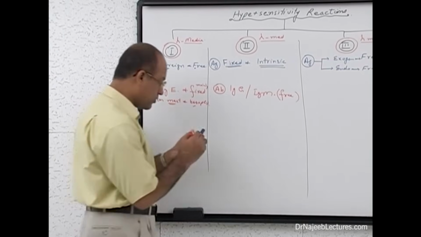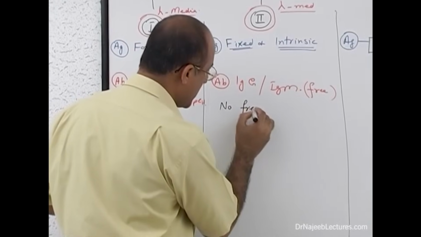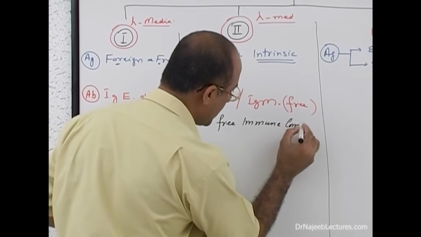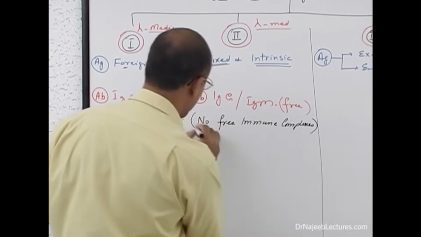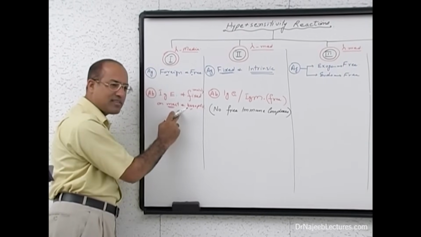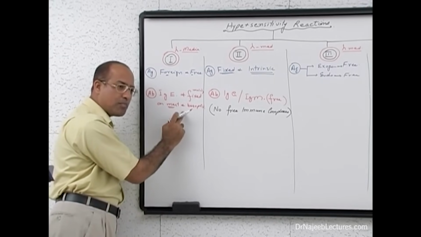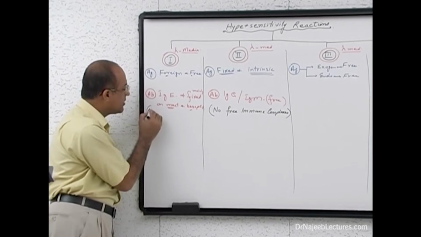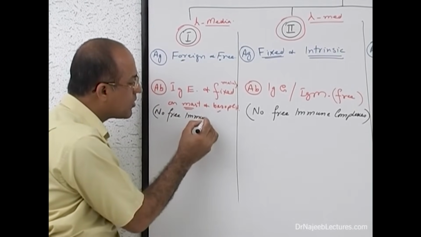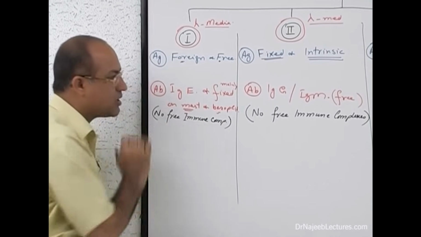So we should write specially: no free immune complexes in type 2. Again in type 1, even though antigen is free, antibody is fixed, so antigen antibody reaction will always occur on the mast cells or basophils. Again there are no free immune complexes.